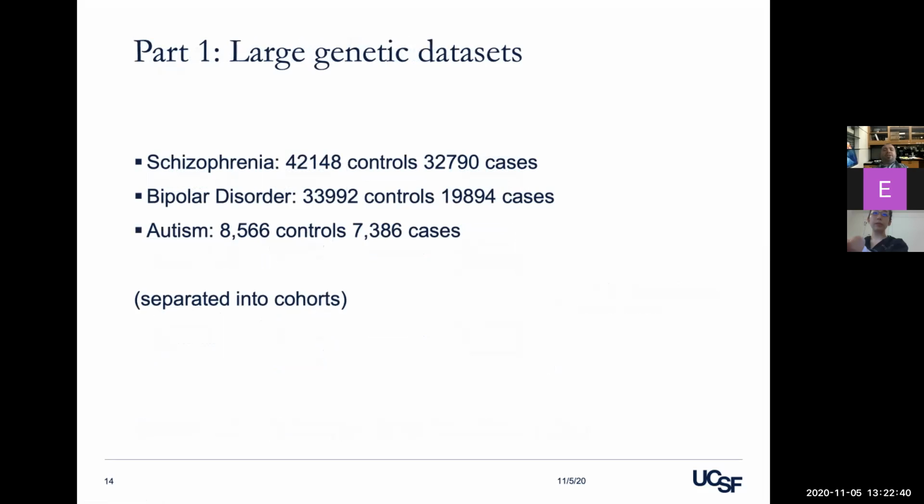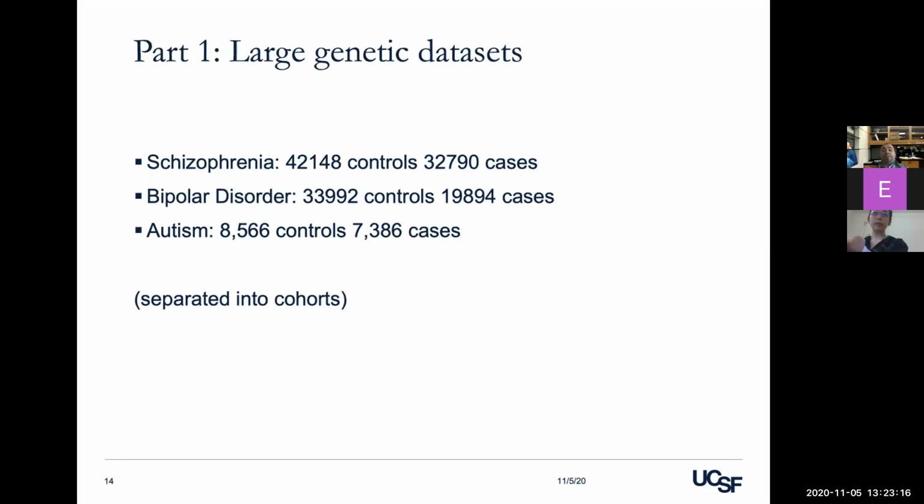Here are some of the large genetic data sets that we have. These are from the Psychiatric Genomics Consortium, which is a worldwide group of labs that study these traits and pool together various data sets. So these are the sample sizes. Schizophrenia has the largest sample size. It's actually still smaller than what would be great, but it's a fairly large sample size.